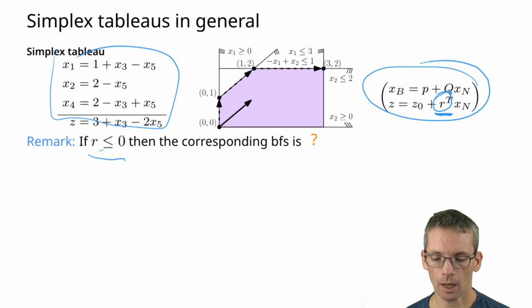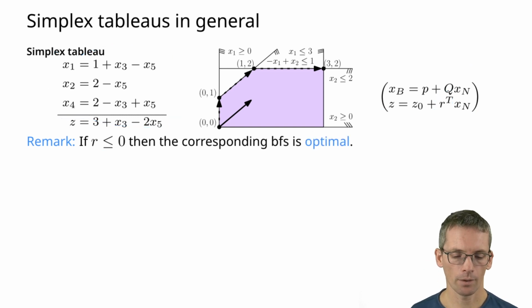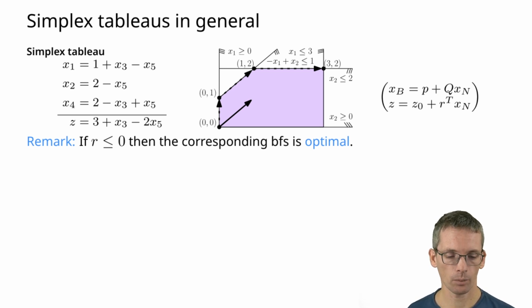Yeah, so if in R there's no positive entry, it means there's no variable to swap in, then we already know that our solution is optimal. We can simply read this off by looking at this vector here.